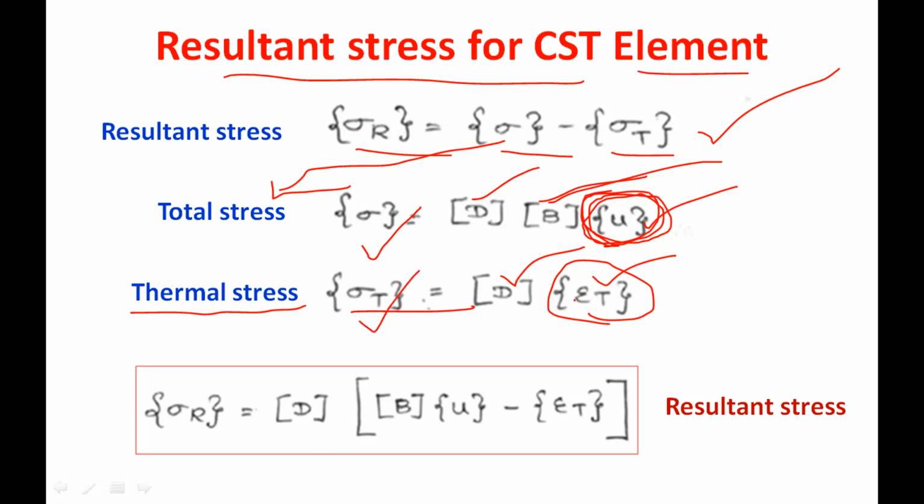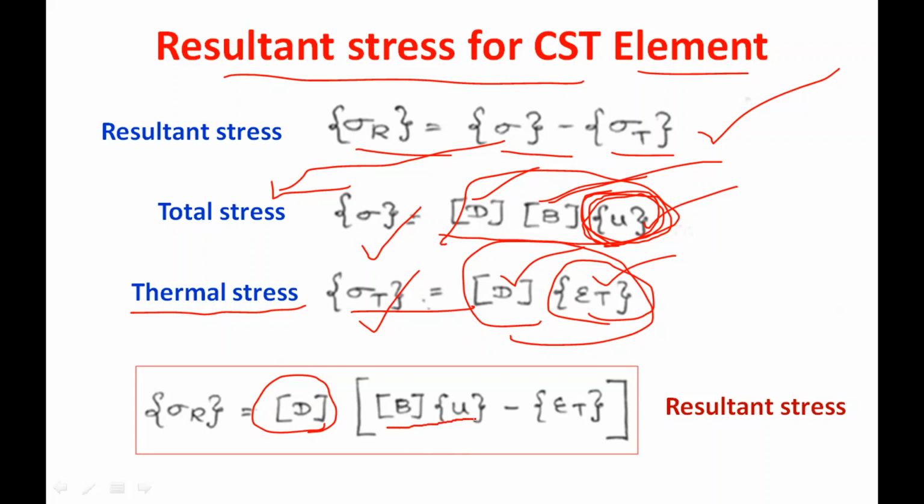Substituting the expression, this is D B U for sigma and this is D epsilon T. We are taking the D matrix commonly outside this bracket to simplify our task. So D multiplied with B U, this is nothing but strain due to the total displacement. This is strain due to the temperature change, thermal strain.